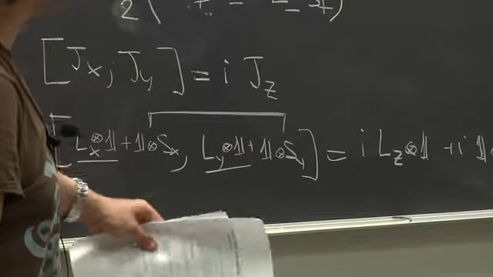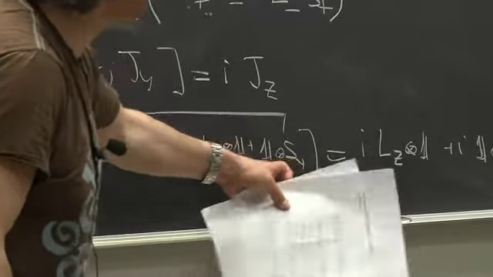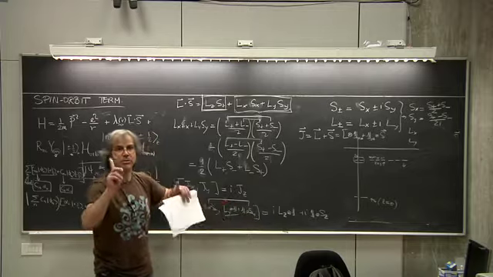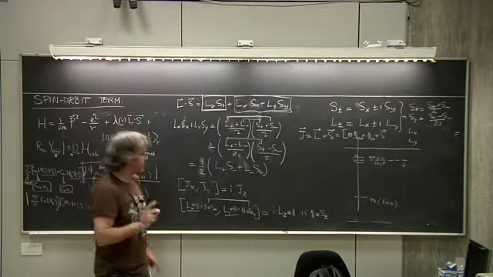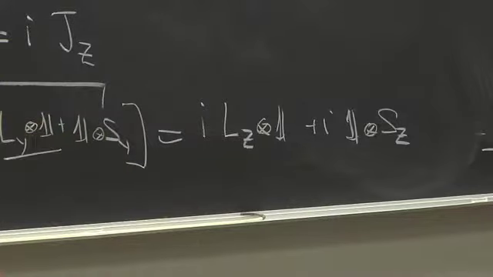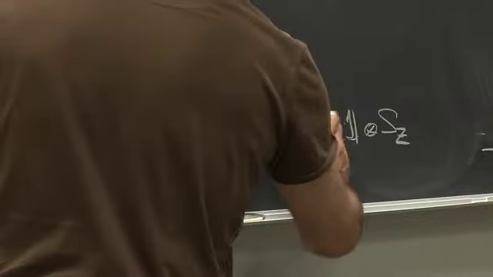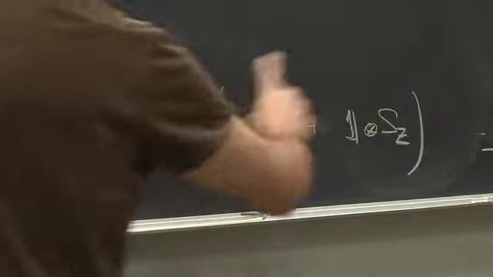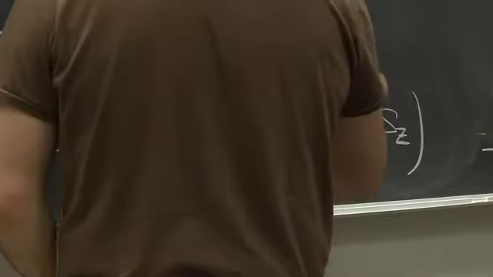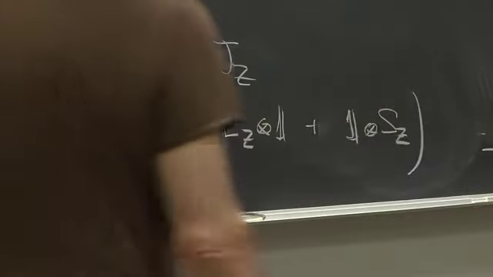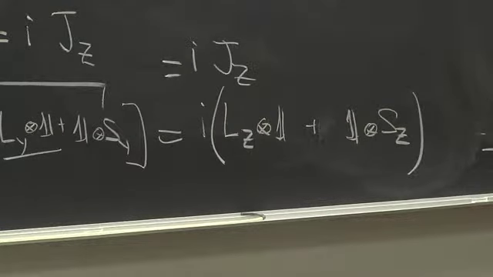But what about the commutator of Lx and Sy, for instance? I mean, this is something that lives in another space, okay? So obviously they totally commute. They don't care about each other, okay? So the cross terms are really missing, okay? And because of that, you can collect again the two things, and this is now what? i Jz, as promised, okay? So indeed, the thing works.